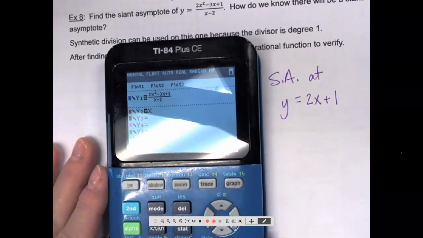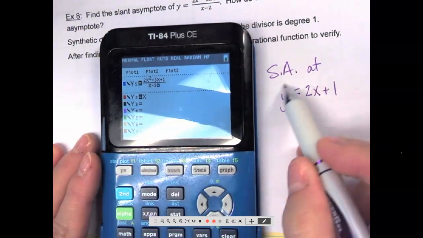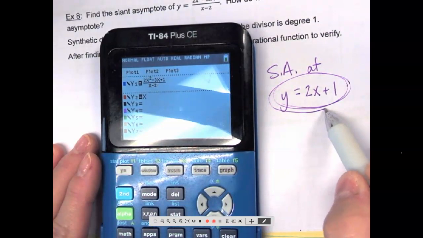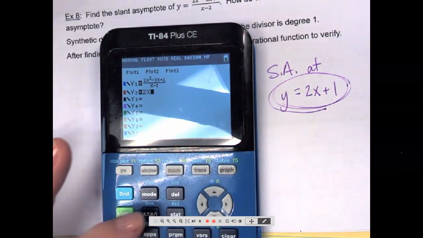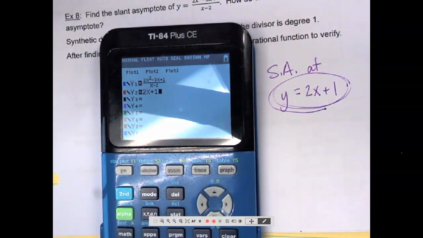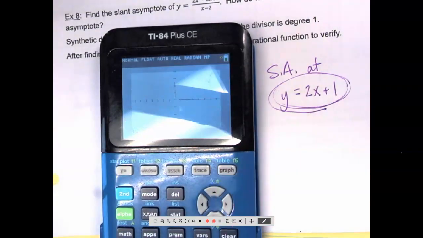Okay, now while you're in your y equals menu, go ahead and put your slant asymptote in there as well, so that we can see how it's approaching it. Ready? Hello? There we go. This thing is so slow.